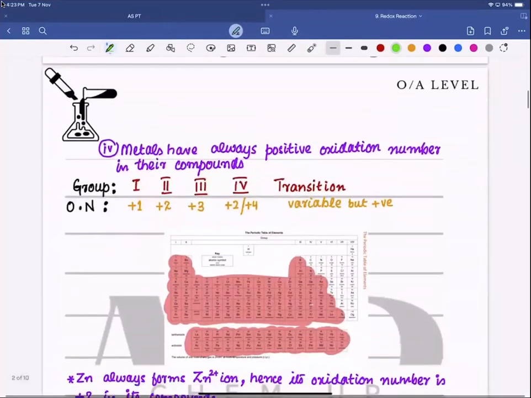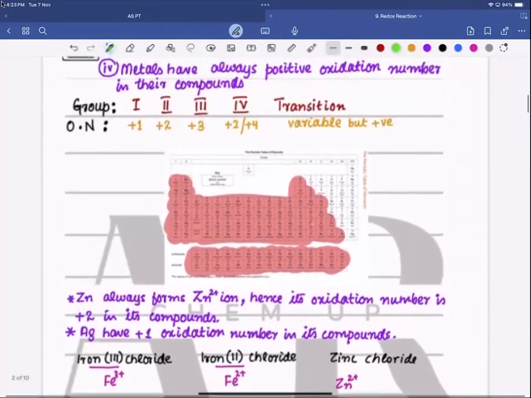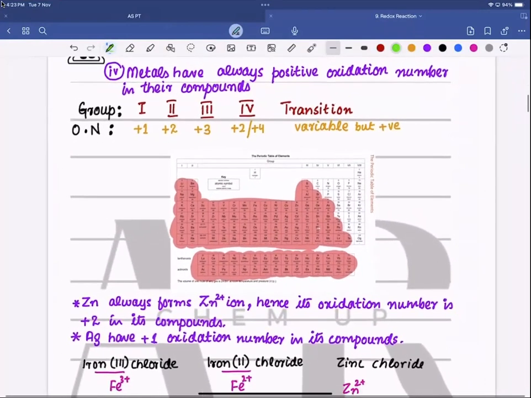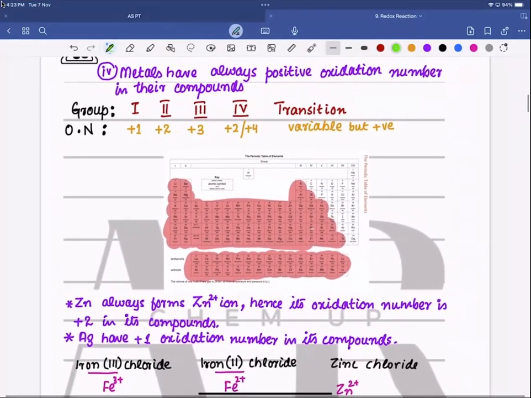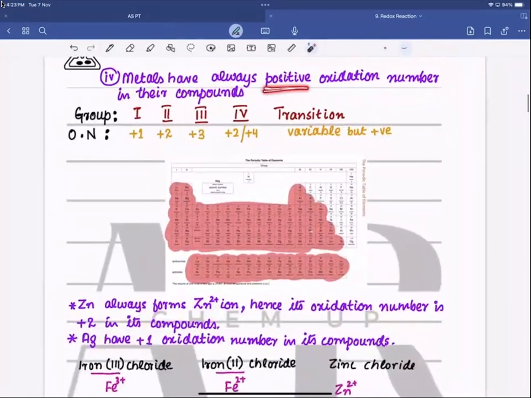Now, next rule. This is about metals. We have just discussed the rules for the oxidation numbers of the elements or the ions. Now, if the metal is in a compound, then remember, in a compound the oxidation number of a metal is always going to be positive.